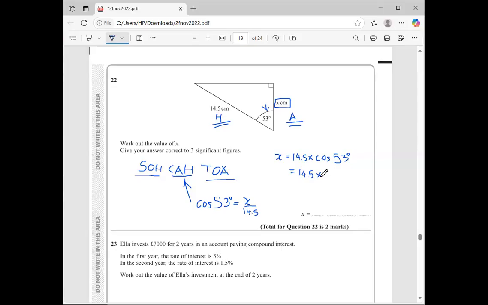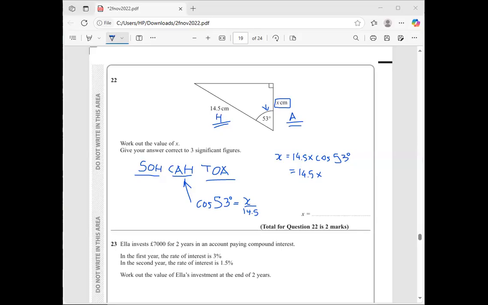I can get a mark scheme. Okay, let me do this. Don't worry. Let me use Google. Cosine of 53.